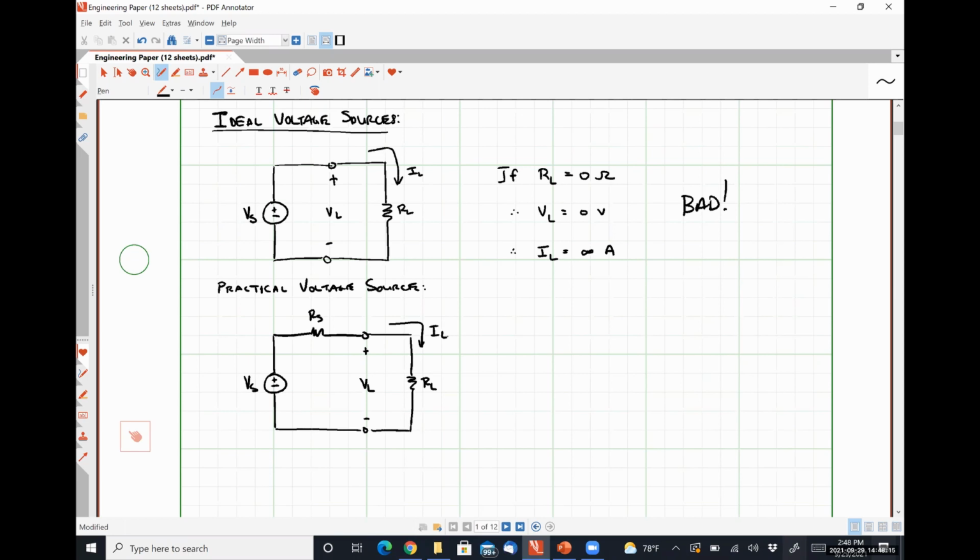And so what we wind up getting is a graph that looks like this for some kind of practical voltage source, all right? So here is our current, IL.